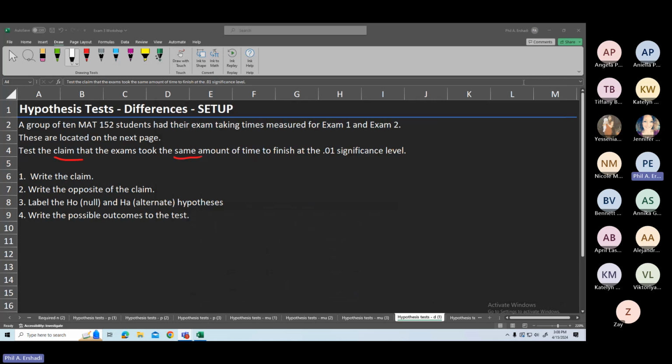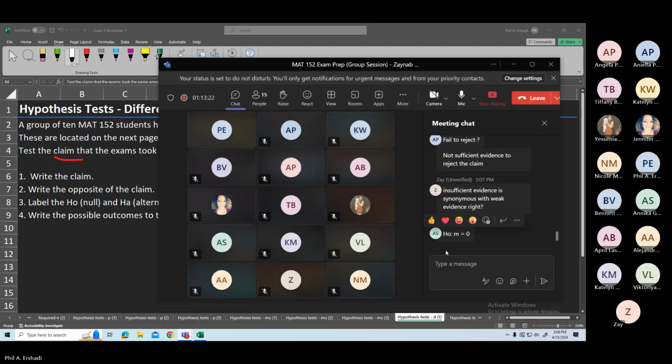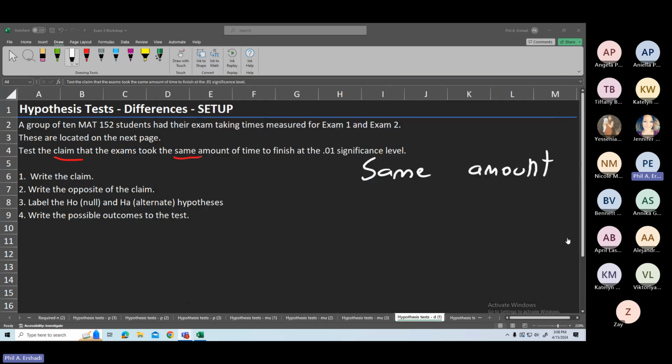All right, looks like we're a little stuck here, so I'll help you out with this one. The same amount of time. Oh, someone's got it. Yep, that's right. Mean is equal to 0. I'll tell you why. The same amount is another way of saying equals. It also means that we have a difference of 0.